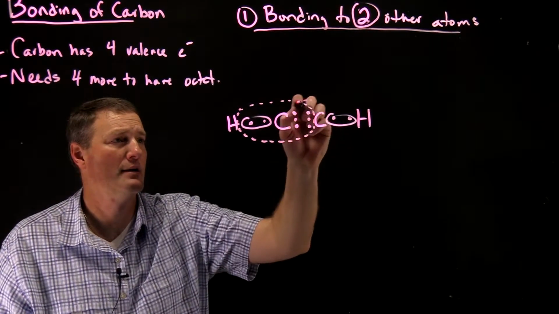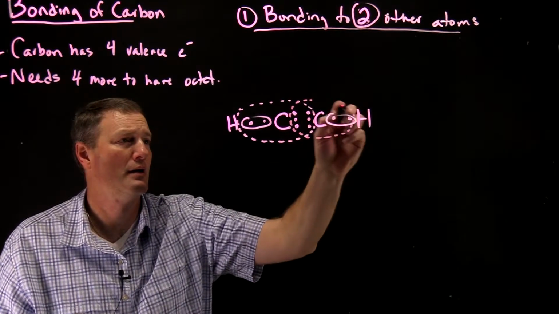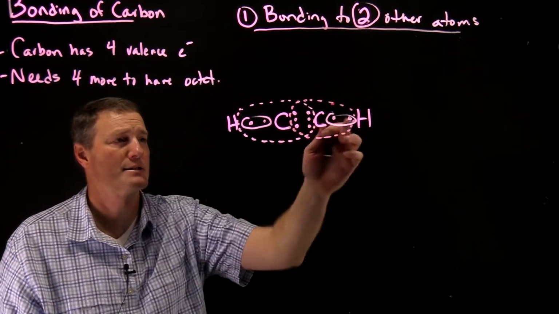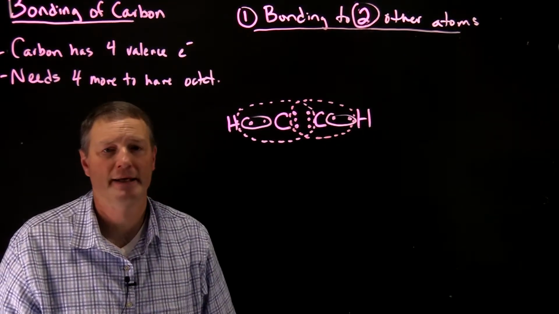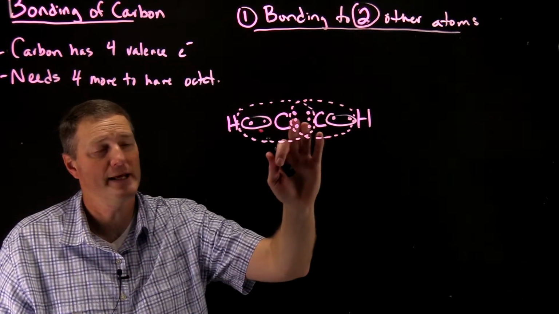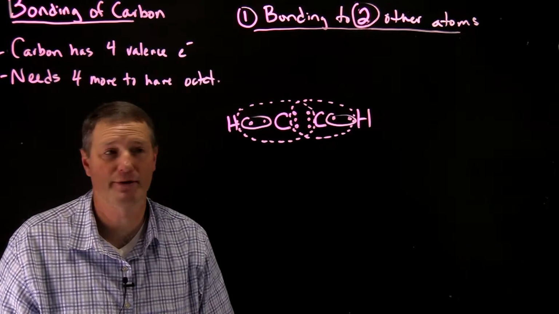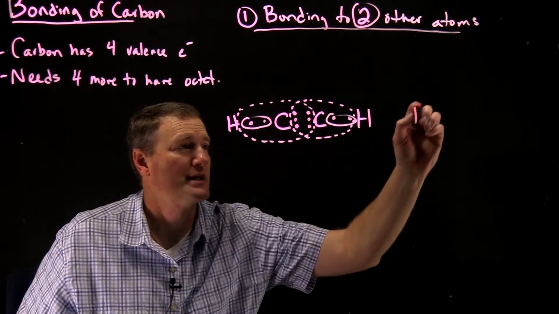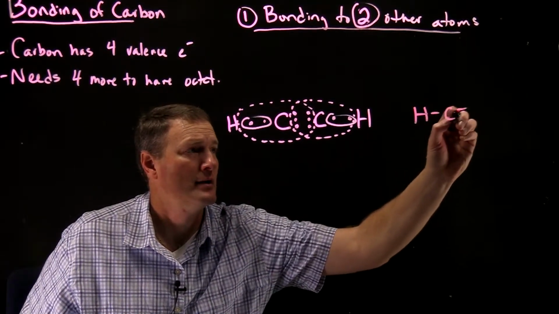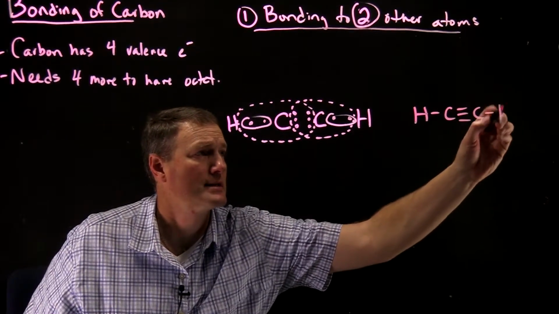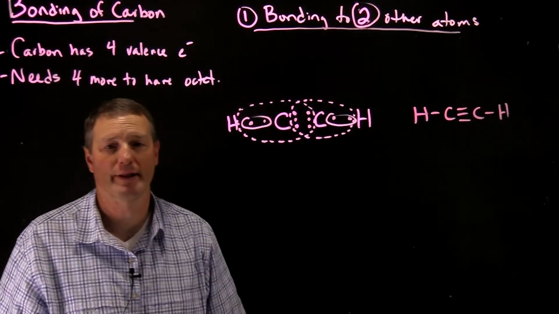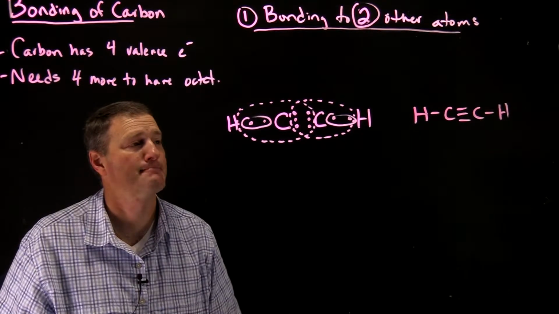Likewise over here, I would have 6 plus the 2 gives me 8. So notice there's now 3 pairs of shared electrons, and this is called a carbon-carbon triple bond. So we would represent this in the line drawing like this. So we just shorthand those little electrons as just 3 lines.